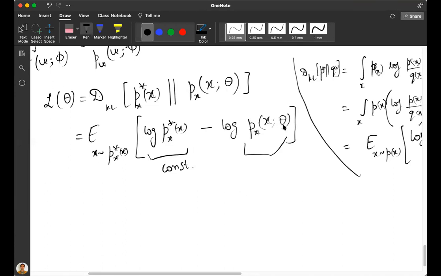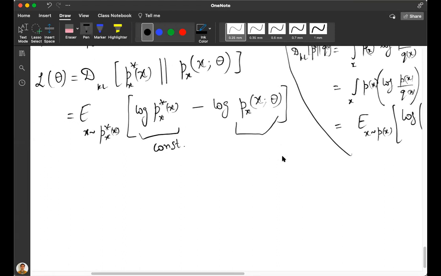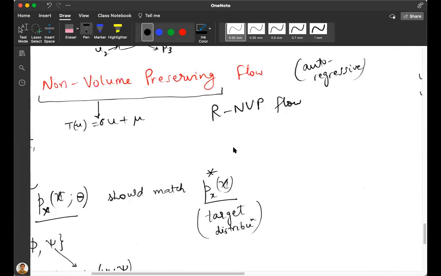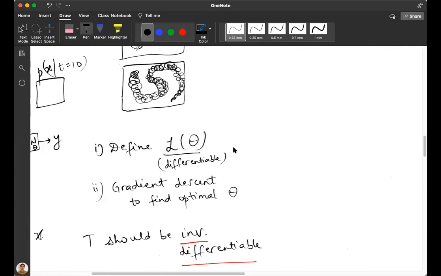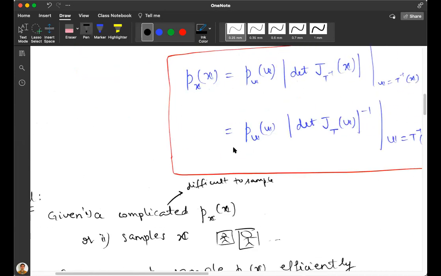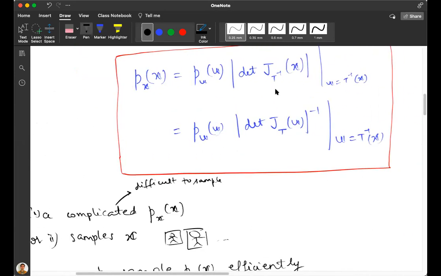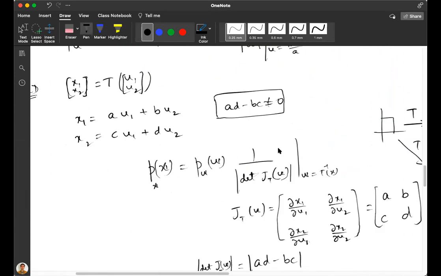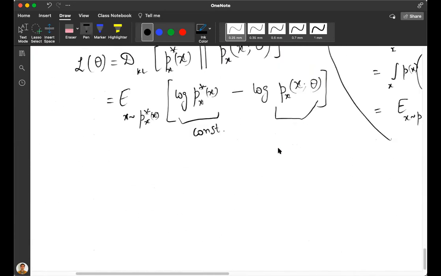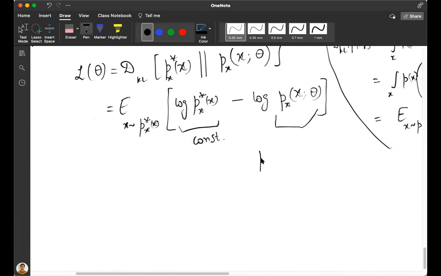Can we expand it in terms of the transformation where theta actually will appear? So this thing is equal to, use your formula which we wrote here: pxx can be expanded in this way. So this thing is equal to p u, and in case you have some psi, you can put it here.